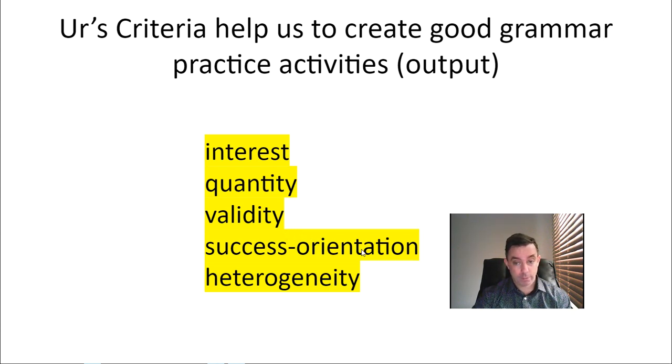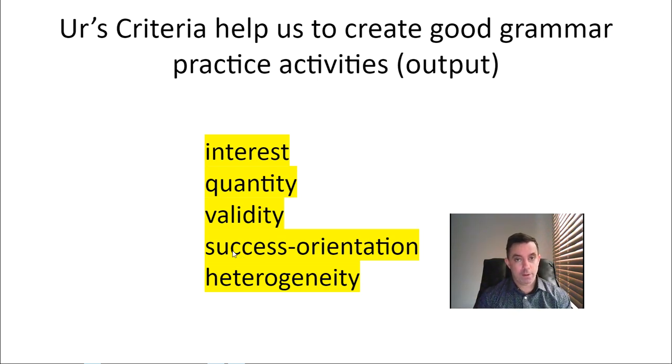Okay. Now our next one is not really a difficult concept, but you might not have seen it expressed this way. Success orientation. Success orientation simply means that we care that our students get it right. You want it to be easy enough that they're getting it right, not too easy, but you want it to be appropriate for that level, right?